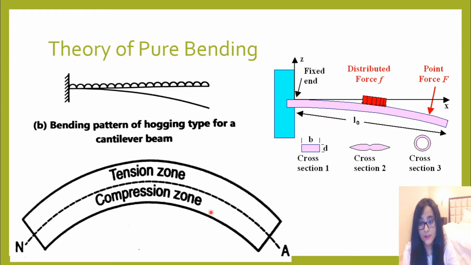Simply supported केस पे क्या था, जो भी zone neutral axis के ऊपर था उस पे compression था, और जो भी zone नीचे था उस पे tension था. तो यहाँ पर it is right opposite of a simply supported beam. So as you can see in this diagram here, cantilever beam subjected to a loading will give a negative bending moment.